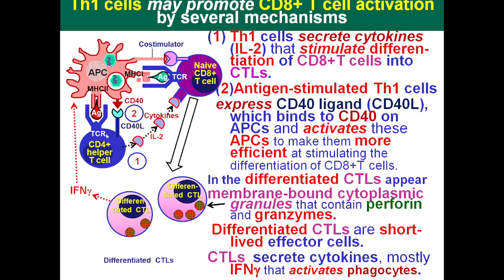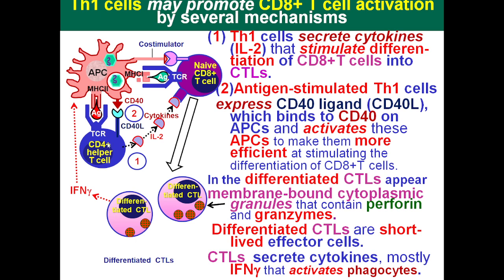T helper type 1, of course, is transformed from naive cell when antigen is presented to the T helper by antigenic peptide together with MHC class 2 and in the presence of co-stimulatory signals and in the presence of interferon gamma, CD4 naive cells are transformed to the CD4 helper type 1 cells.